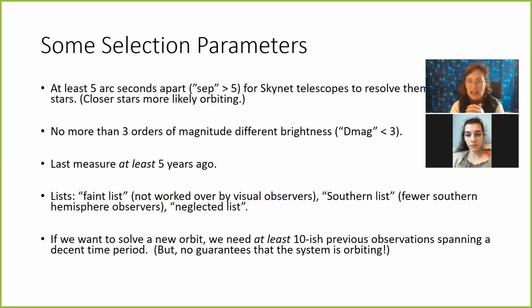If we're taking a measurement of a double star, do we want one that someone measured last year? Probably not, because it's not going to be very different, right? Do we want one that there have been lots of observations on, or just a few? Does it matter to us when the first observation was?